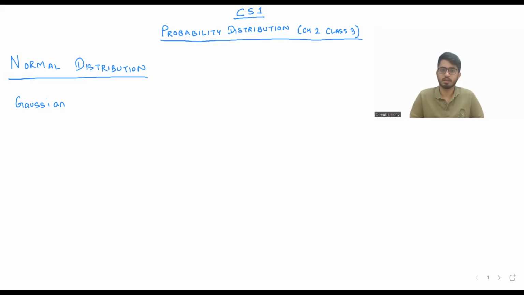In particular, it is a limiting form of the binomial distribution. Next point, it provides a model for the sampling distributions of various statistics.